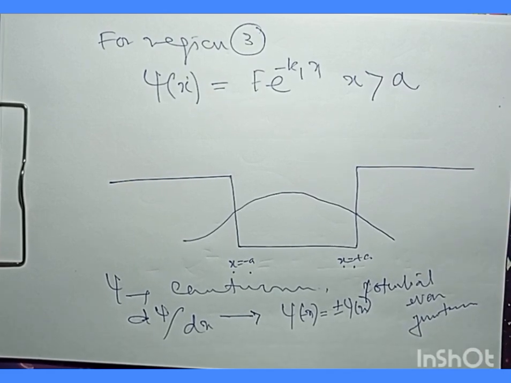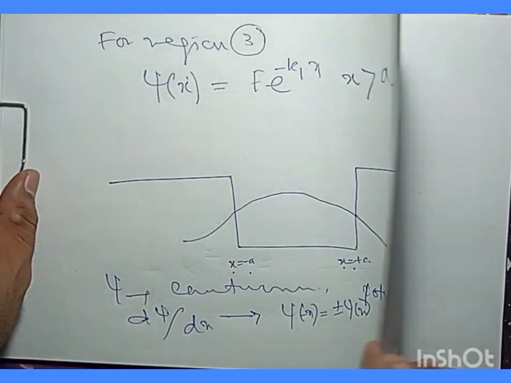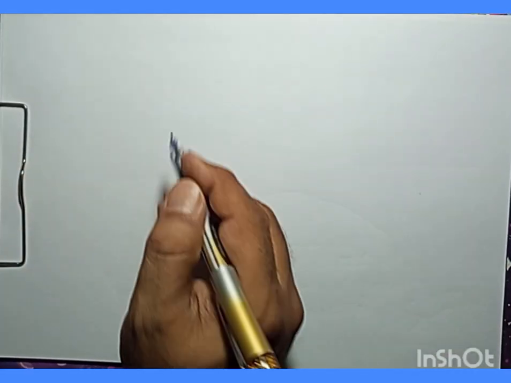In this approach, we will choose only the even solution, and certainly the cosine term will exist because cosine is an even function, and sine is an odd function. So we can write down the complete wave function for this problem.